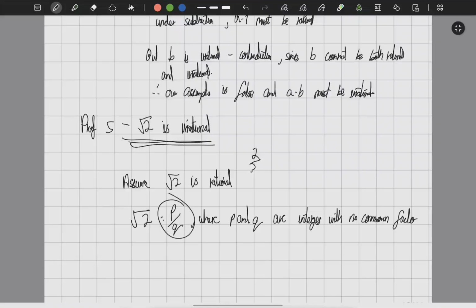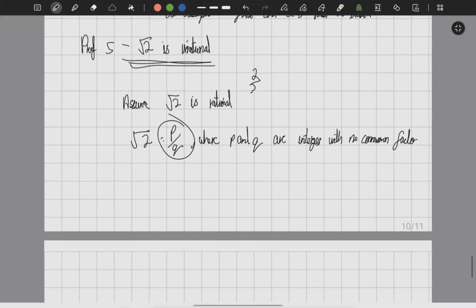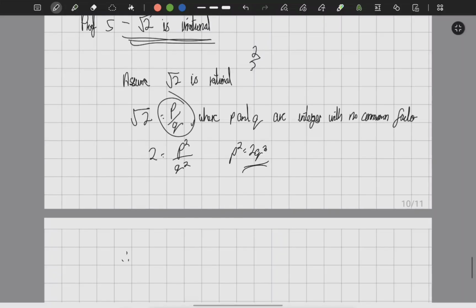Okay, next step. This is just like, you just have to learn this. We can just say if I square both sides and move the q squared to the other side like that, we can say therefore p squared is even, which means p is even.